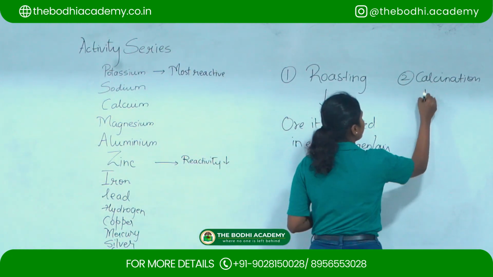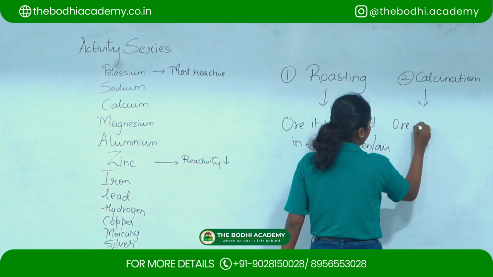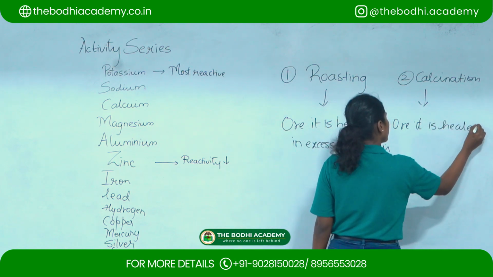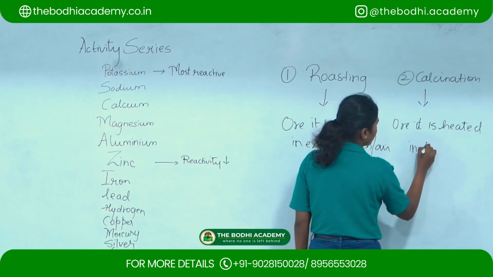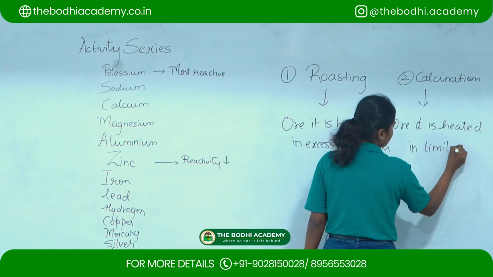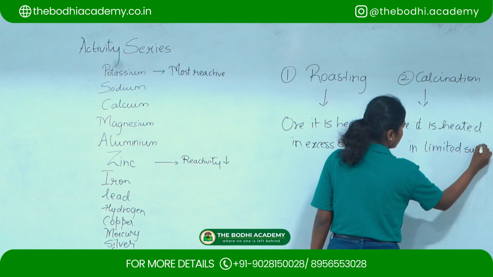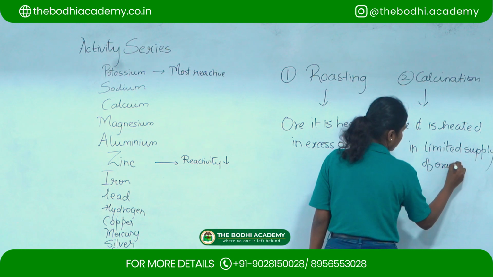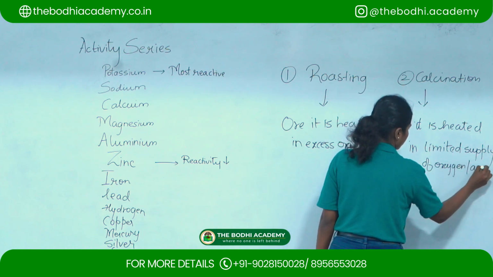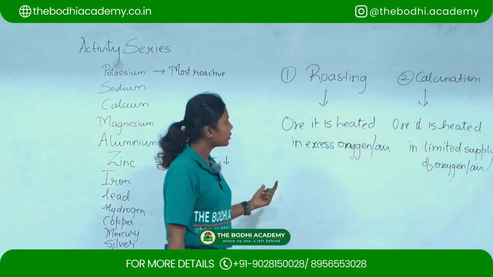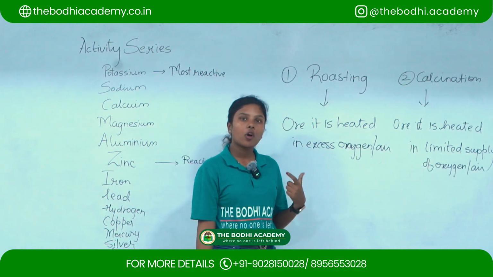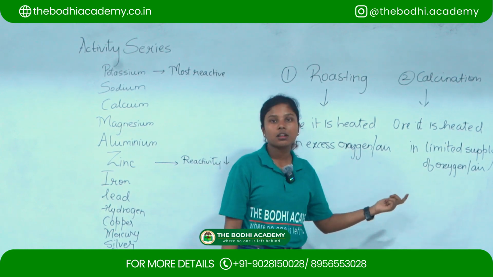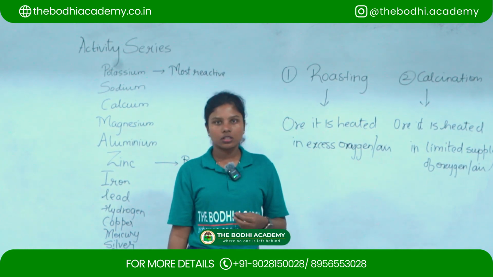Whereas in calcination, the ore is heated in limited supply of oxygen. So the major difference is that in roasting, excess oxygen or air is provided, whereas calcination occurs in limited supply of oxygen or air.